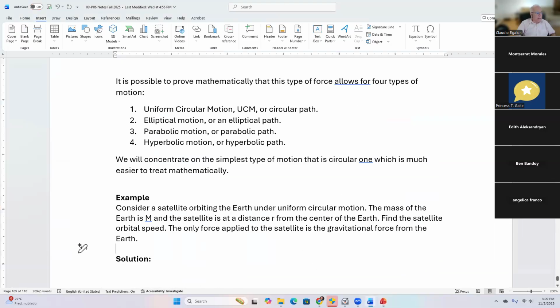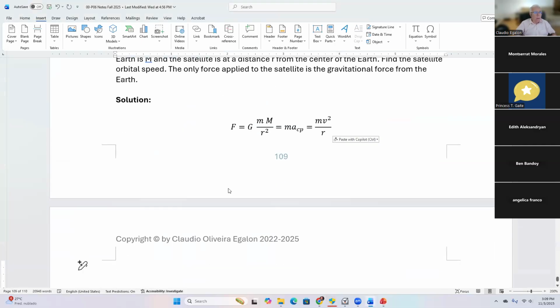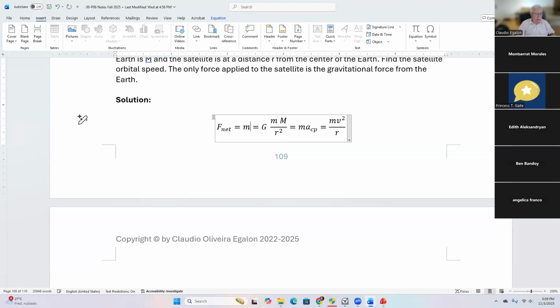And the net force applied to the satellite, just using Newton's second law of motion and Newton's law of universal gravitation, is mass times acceleration. Okay?